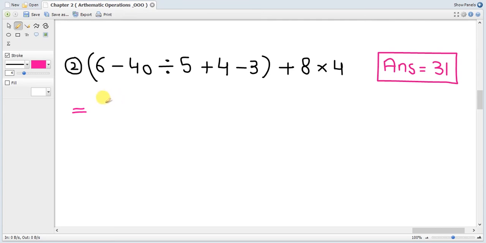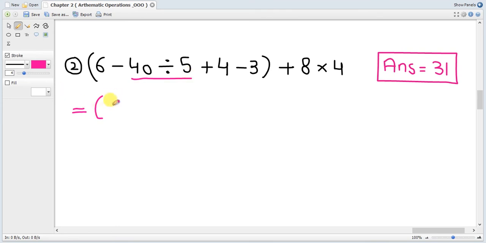In this question there is a parenthesis or bracket, so we should solve all the values inside the bracket first before moving on. Inside the bracket we have multiple operators, so which operator should we solve first? That is division.